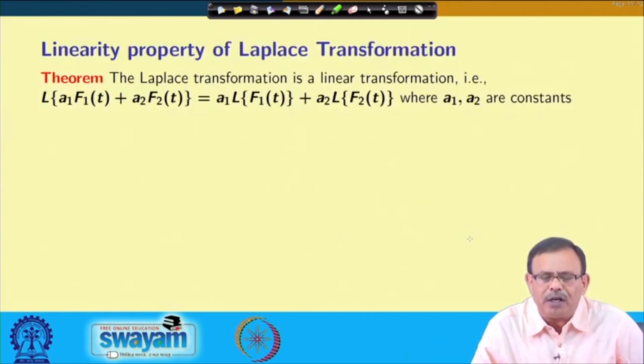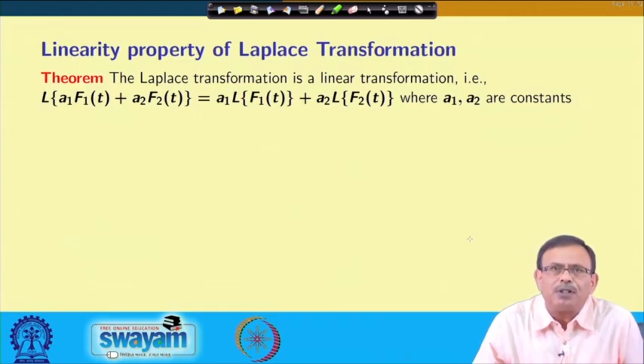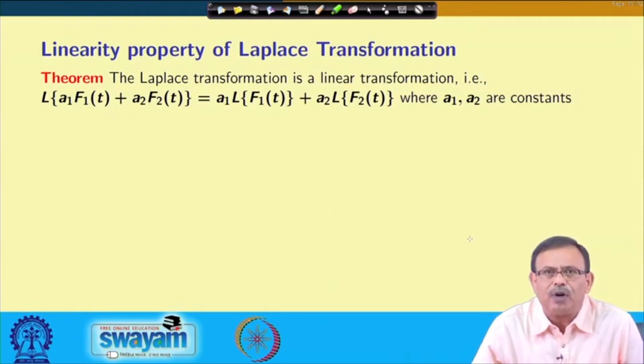Now, come to the linearity property of the Laplace transform. The Laplace transform of a1 f1(t) plus a2 f2(t) is equal to a1 times the Laplace transform of f1(t) plus a2 times the Laplace transform of f2(t), where a1 and a2 are constants.